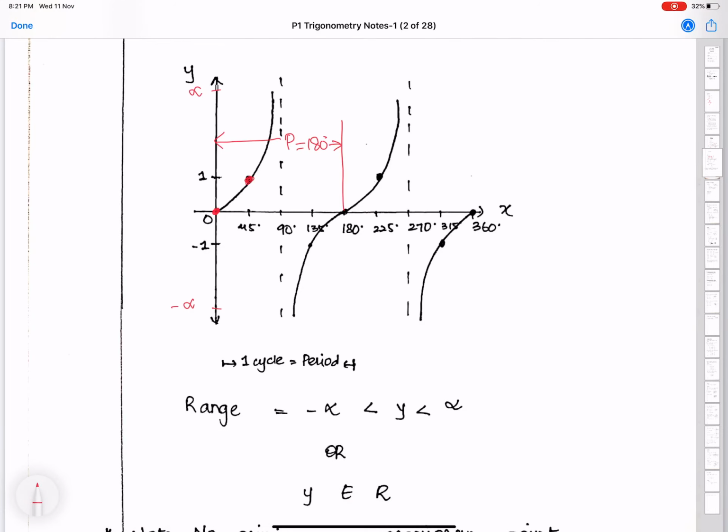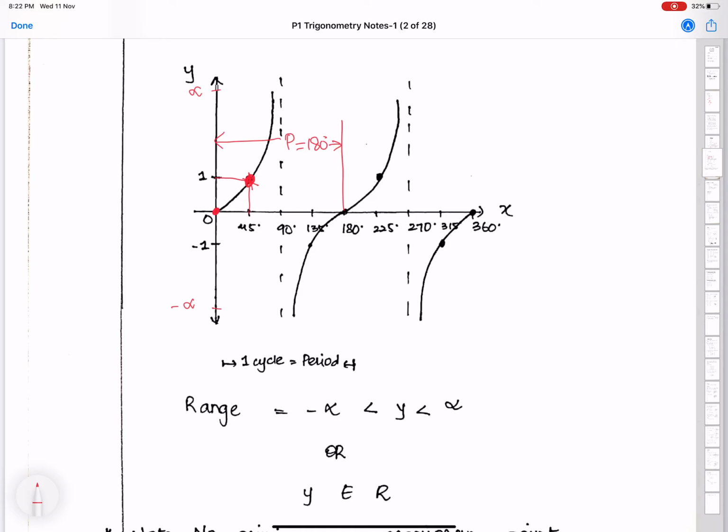Make sure you draw the tan curve correctly and properly. And for that, you must know the points. This point is plotted here. This is the first point, this is the second point. You know tan 45 is 1, therefore this is the point.